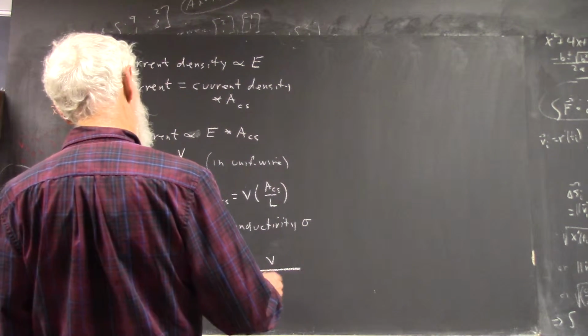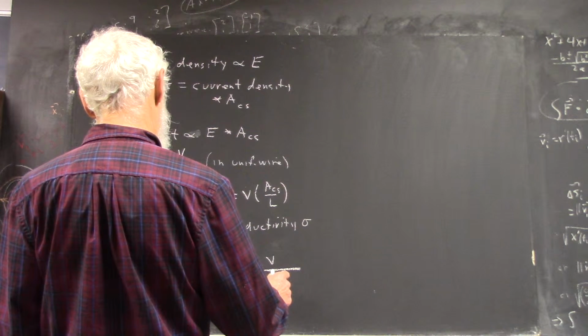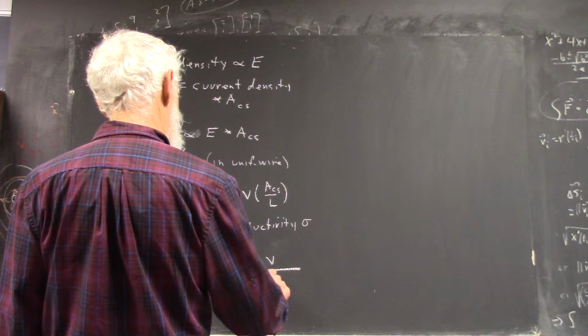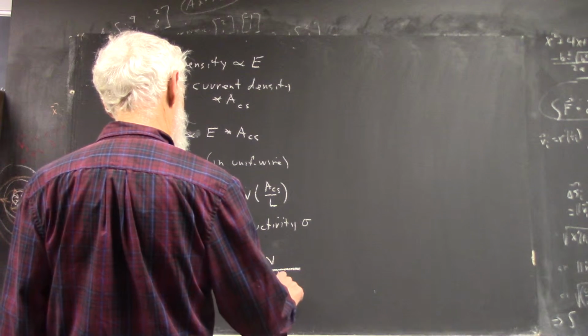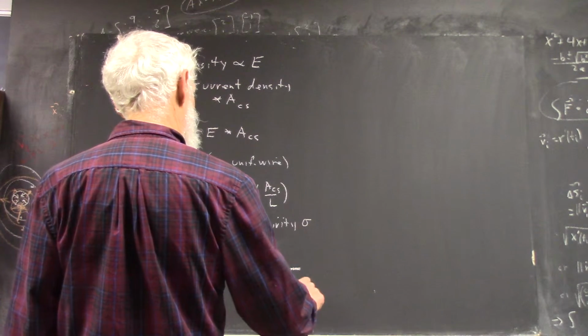divided by, let me decide how to write this, rho L over A_CS.